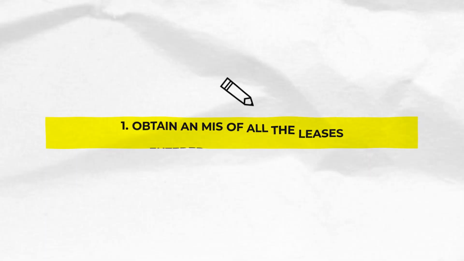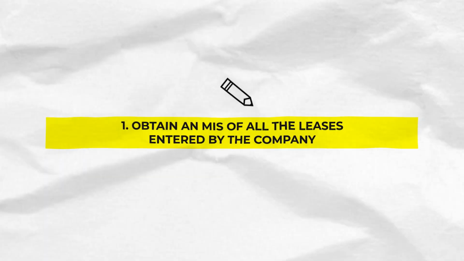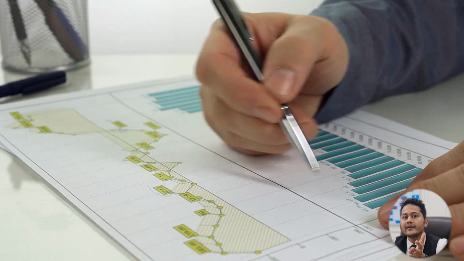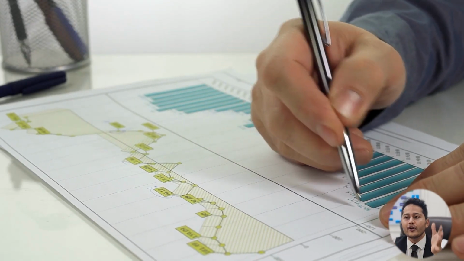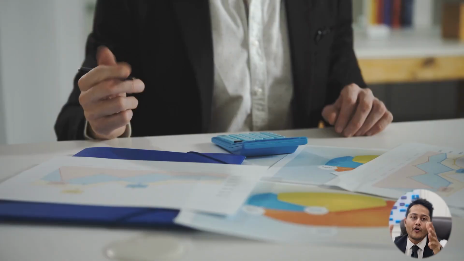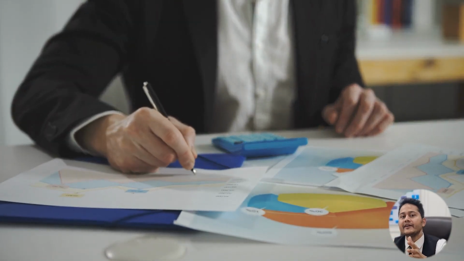Number one, obtain an MIS of all the leases entered by the company. You can either obtain this from the management, or in case they have not prepared it, like was the case for us, you will have to undertake the painstaking task of formulating this entire MIS of all the leases which have been entered by the company.